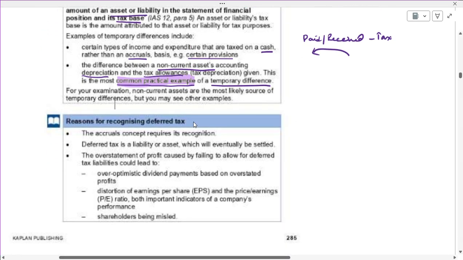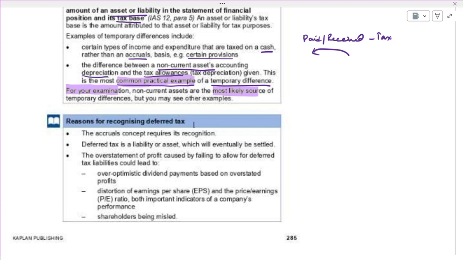Reasons for recognizing: for your examination, non-current assets are the most likely source of temporary difference, but you may see other examples.